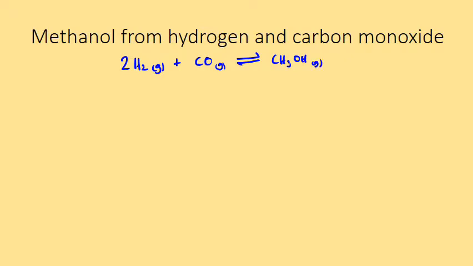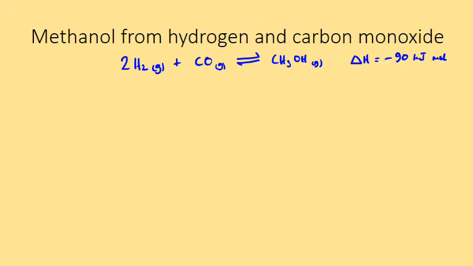And the important thing is to look at whether this reaction is exothermic or endothermic in the forward direction. And as usual, it's exothermic. Most reactions are exothermic. So the compromise decisions are going to be very similar to the ones made on the previous slide.